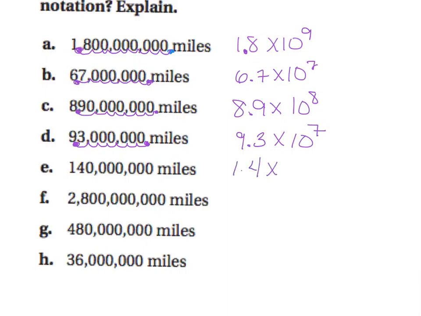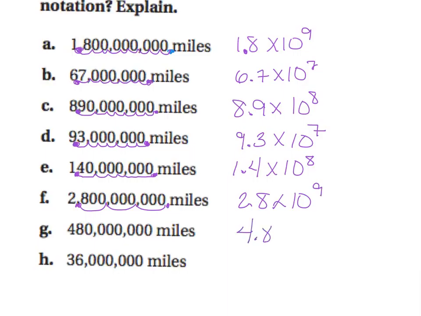All right, so you can actually go through and do a bunch of these, right? We've got 1.4 times 10 to the... Okay, we put it here, we want it here. To get it there, we need to move it to the right, so it's positive. So if we count it out, we're actually going to get moving it 8 times to the right. Then we have 2.8 times 10 to the, and we want to get it there, but we moved it here, so we have to move it 3, 6, 9 times to the right, so it's positive.